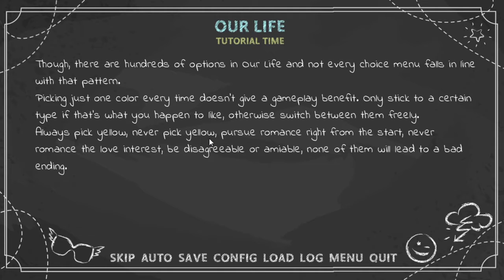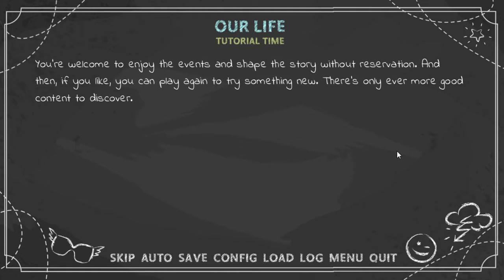Never romance the love interest, be disagreeable or amiable. None of them will lead to a bad ending. You're welcome to enjoy the events and shape the story without reservation. And then if you like, you can play again to try something new. There's only ever more good content to discover. We hope you have a nice time with our lives. Thank you for playing.